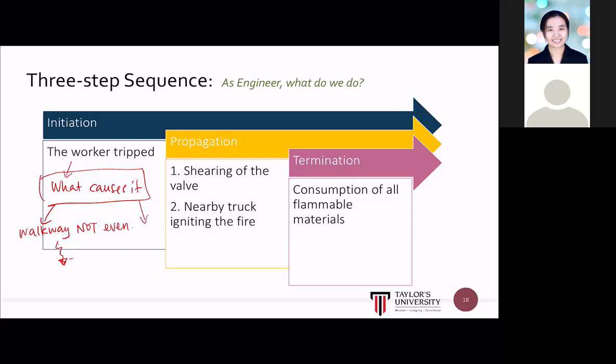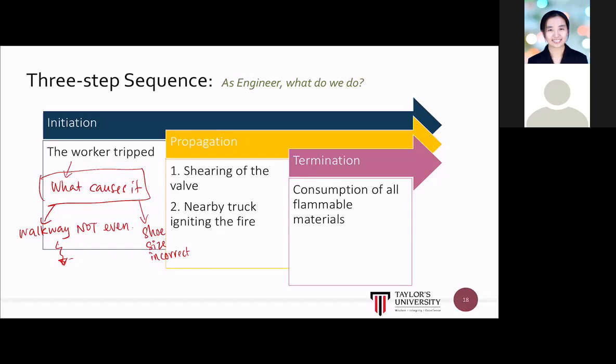Maybe the shoe size is incorrect, because he's supposed to wear safety boots, and this person is supposed to wear size 8, but size 8 is out of stock, so the company gave him size 9, so he tripped.